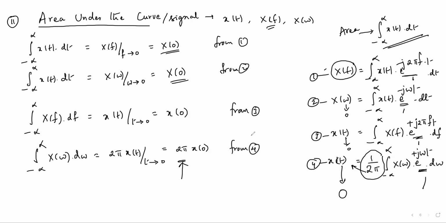So first, let us find the Fourier transform of a DC signal. I think all of you noted this, and you understand how to take the area under the different signals x of t, X of f, X of omega by using these Fourier transform pairs, 4 formulas. Fine. Let's go to some more Fourier transform pairs.